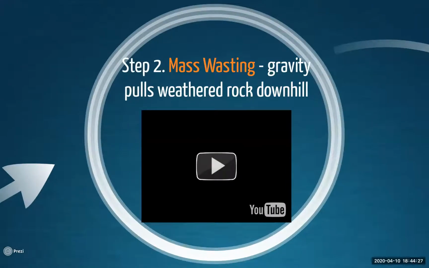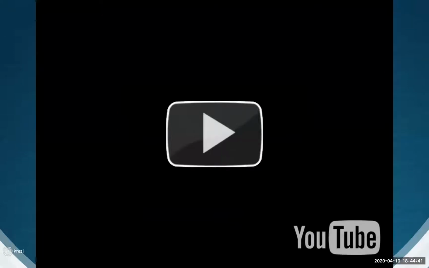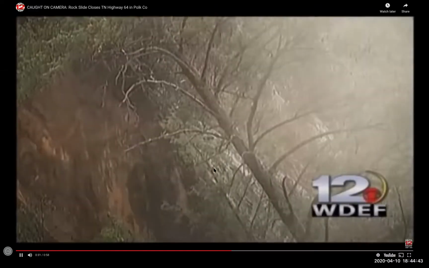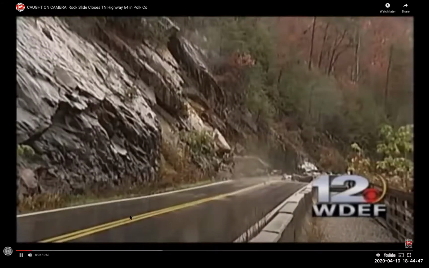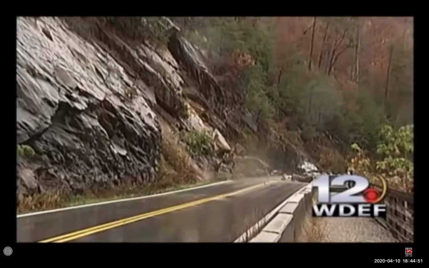Step 2, mass wasting. Mass wasting is when gravity pulls weathered rock downhill, producing sediment. This video here shows an example of a mass wasting event called the rock slide.